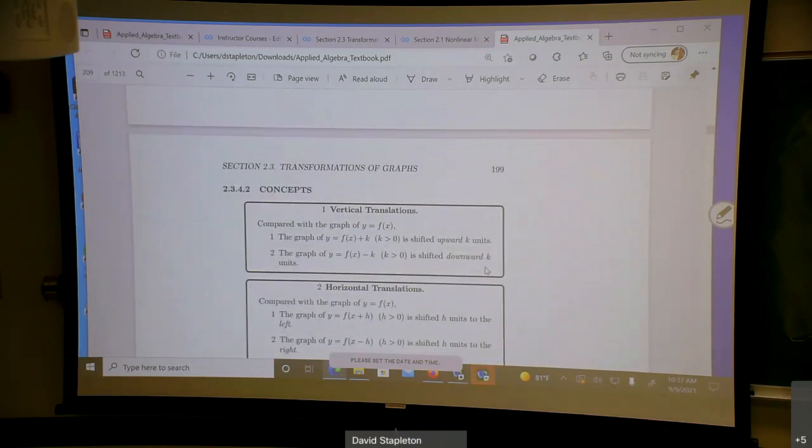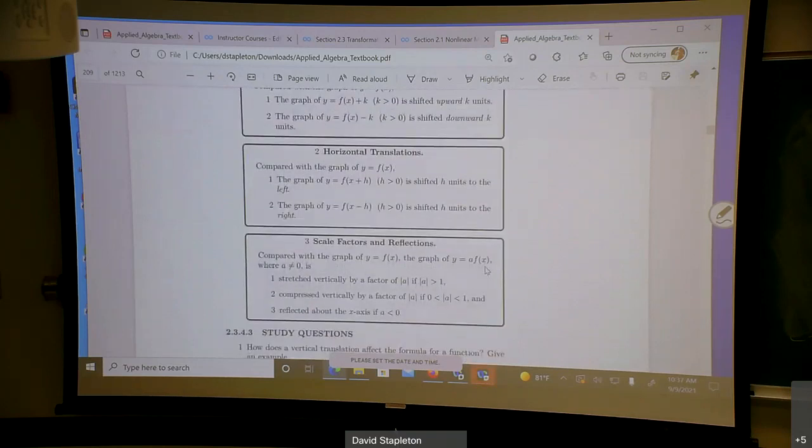Instead of the word flip, they use reflected, flipped or reflected, same thing.